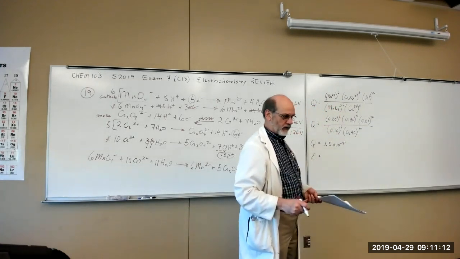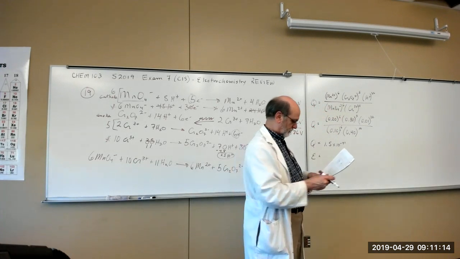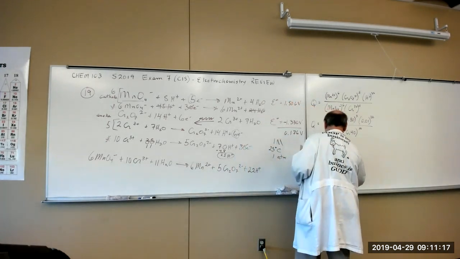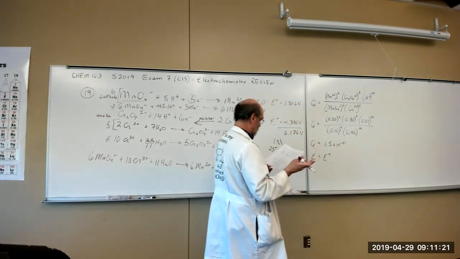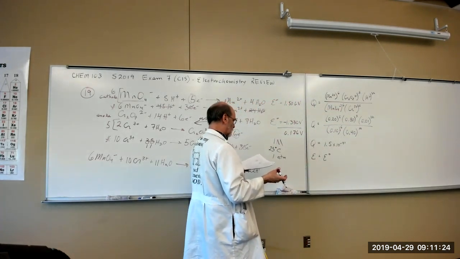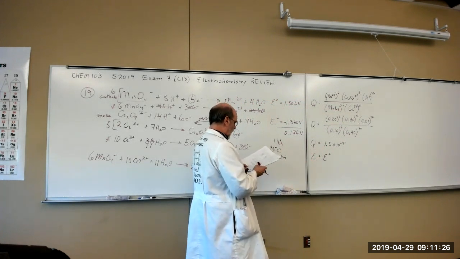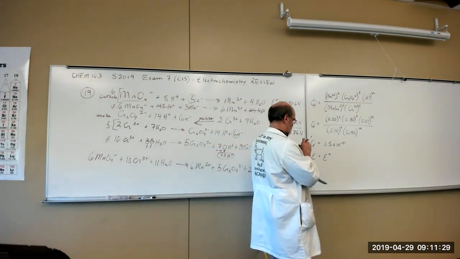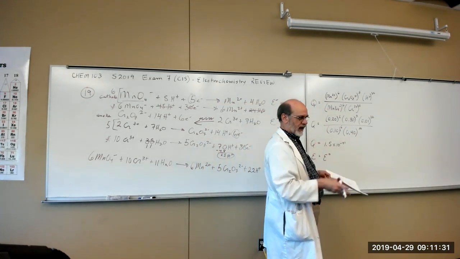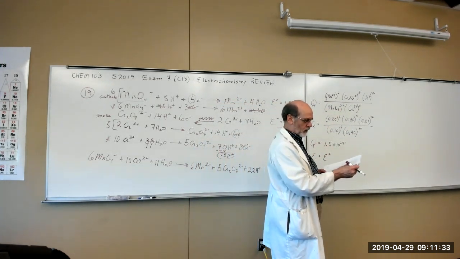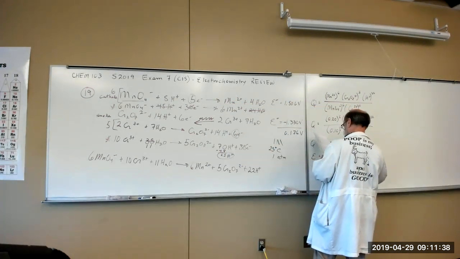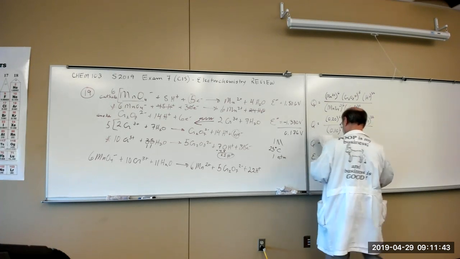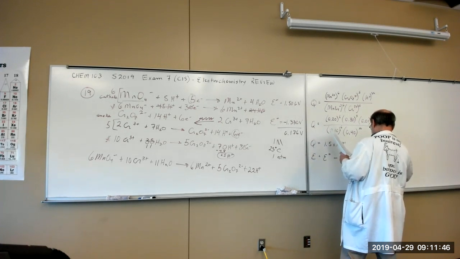Actually, the modified Nernst equation, which takes into account the fact that we're at 25 degrees centigrade, and we're using common log rather than natural log. Those conversions have already been made in this formula. Okay?